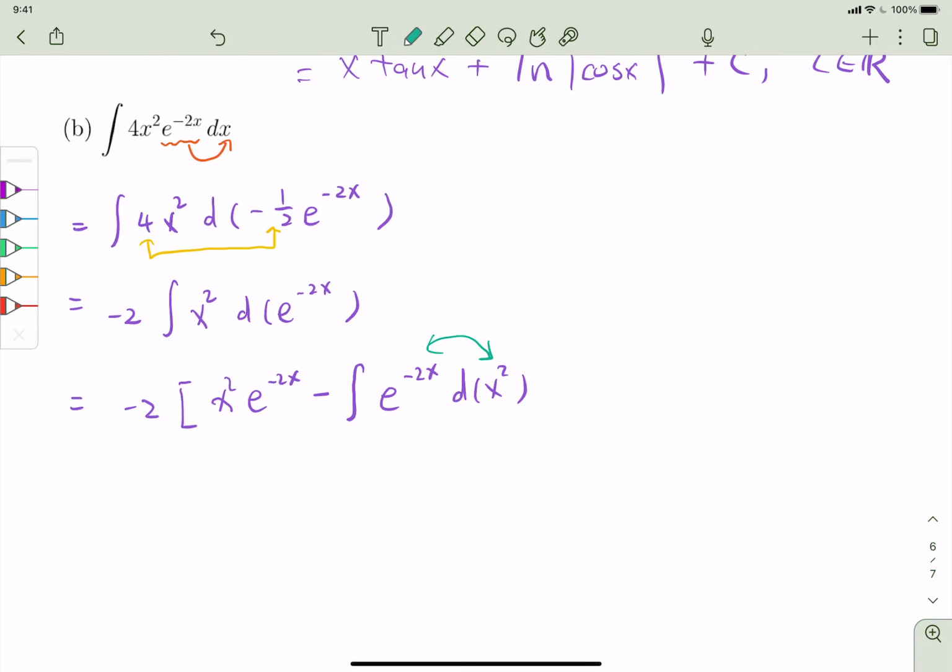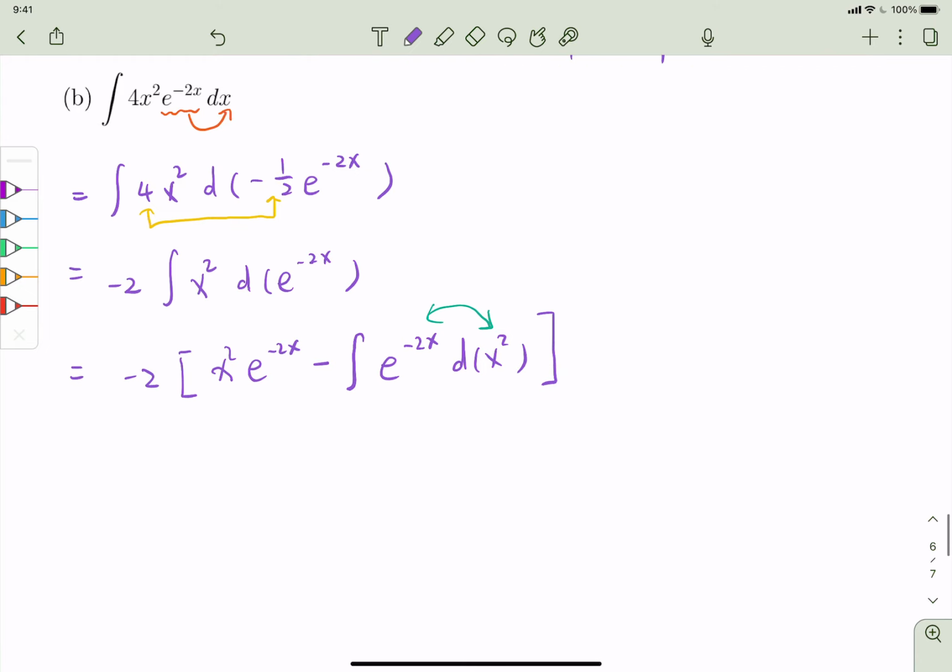And that is our new integration. And now negative 2x squared e to the negative 2x minus the integral of e to the negative 2x and 2x dx.